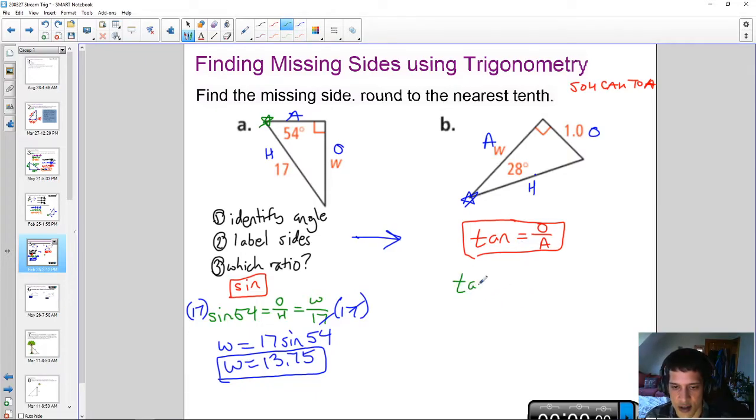Tangent 28 is equal to opposite, which is 1.0, divided by W, our adjacent, okay? So now we've got a W on the bottom, which isn't really great. We want that W to not be on the bottom of a fraction. So what we're going to do is multiply by W on both sides.